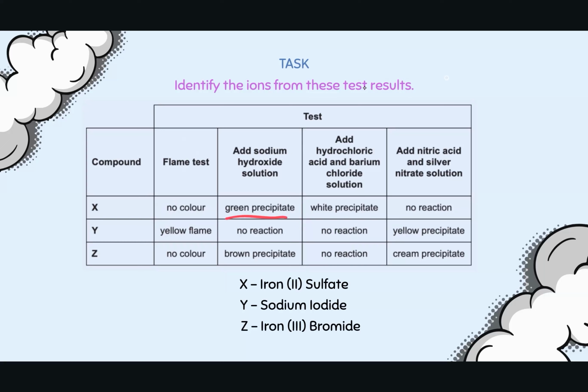Now, a green precipitate means it's Fe2+. And then when you add hydrochloric acid and barium chloride, it produced a white precipitate. That means it's got SO4 2-, and there's no reaction from nitric acid, so that means it's not a halide. So now we know it's FeSO4, iron sulfate.